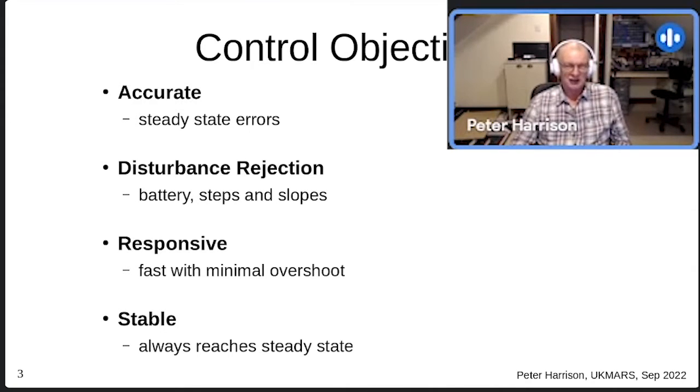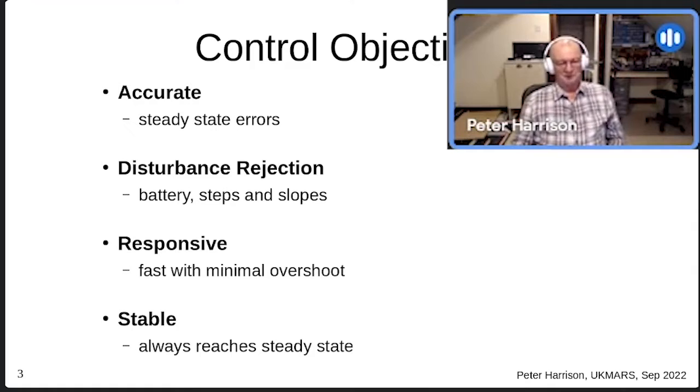The battery voltage can change. There could be steps in the surface, or the surface friction could change. You want it also to be responsive and stable. So you don't want it to suddenly take off and do odd, strange things, or to discover that the faster you go, the less stable it is. These are the things that you see which are problems.